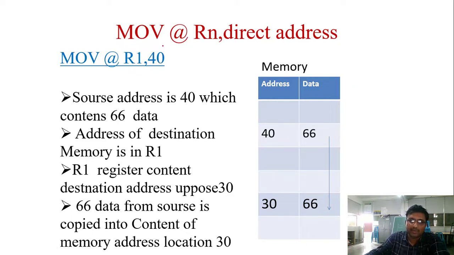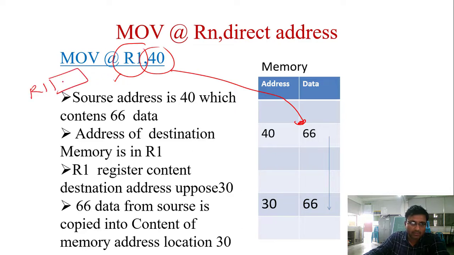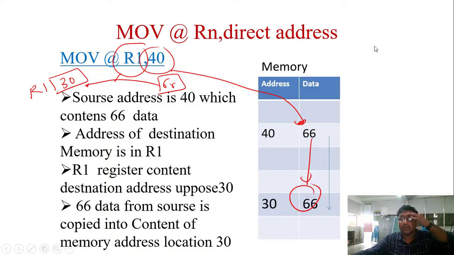My data present at this 40h is 66. So that 66 will be copied towards the memory address pointed by this R1. R1 contains suppose 30h. So this 66 is copied towards location 30 here. It is a direct memory address to indirect location.